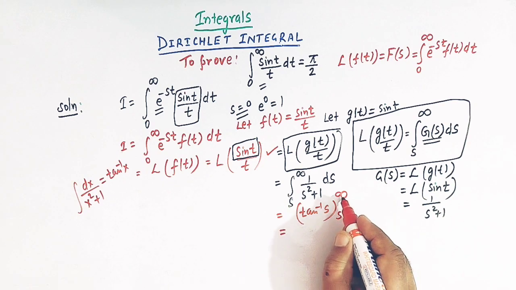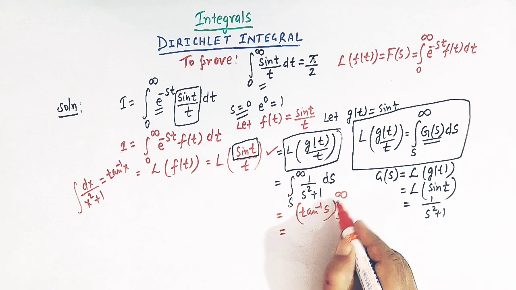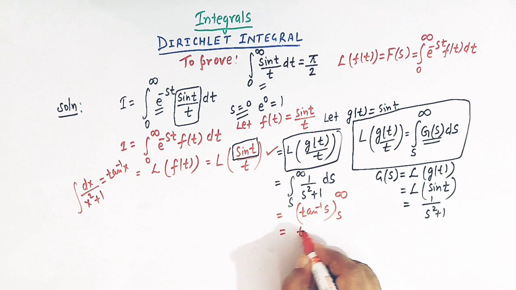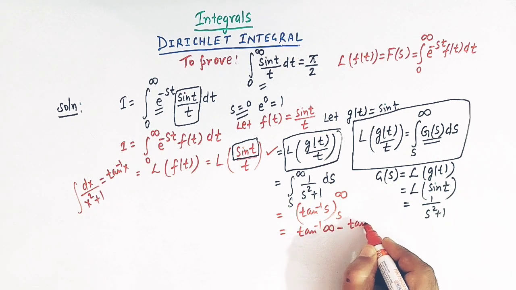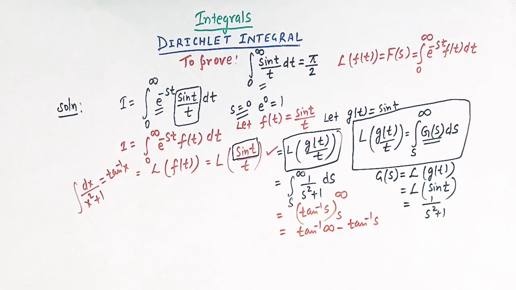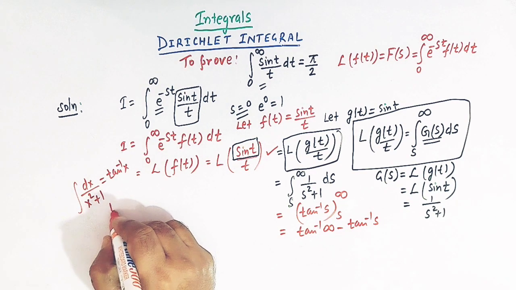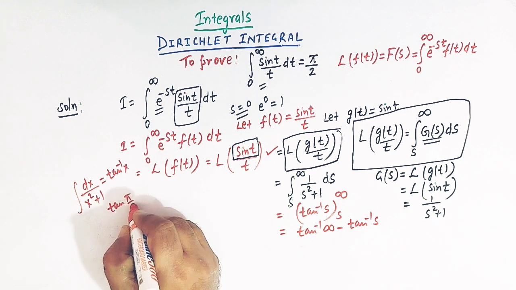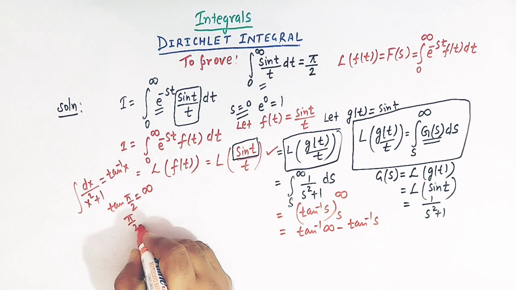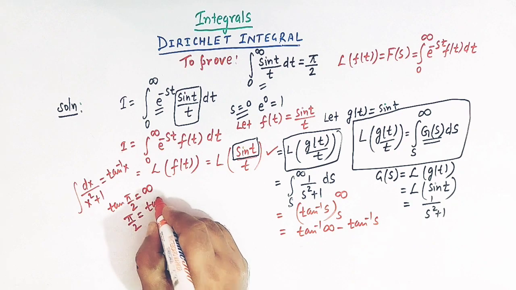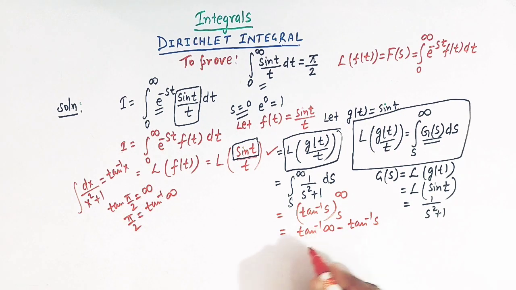Now we'll substitute the limits and take the difference. So we have tan inverse infinity minus tan inverse of s. And we know that tan of pi by 2 is not defined, so pi by 2 is the tan inverse of infinity. So here we have pi by 2 minus tan inverse s, right?